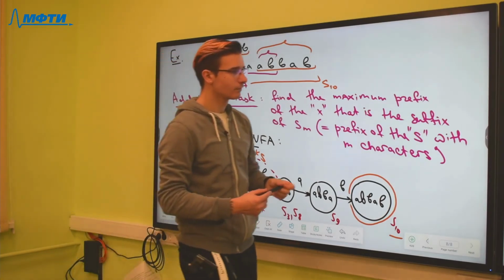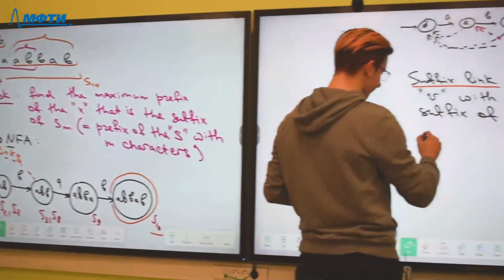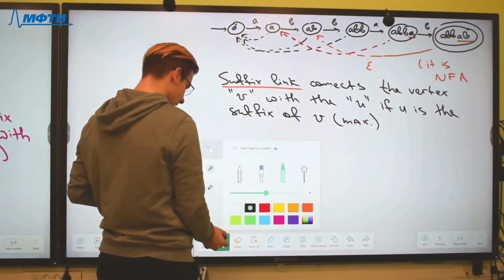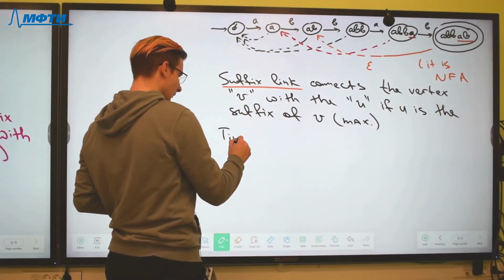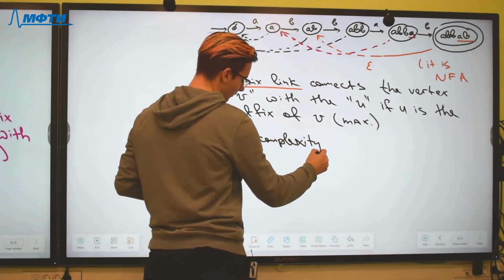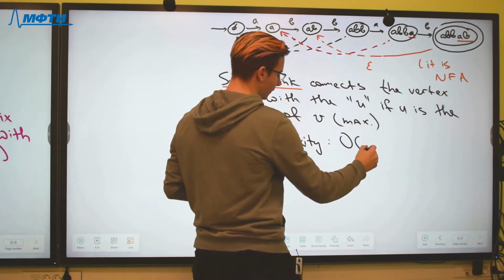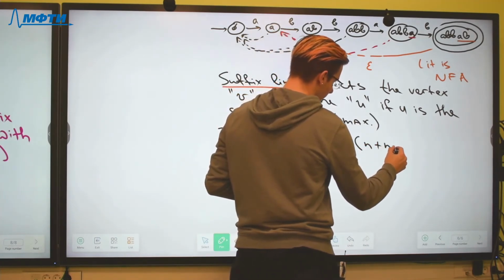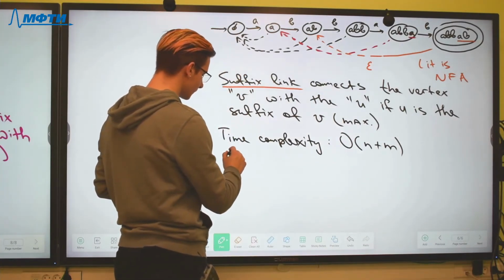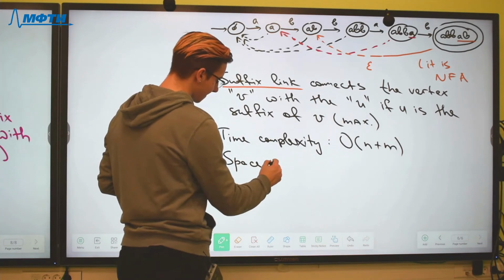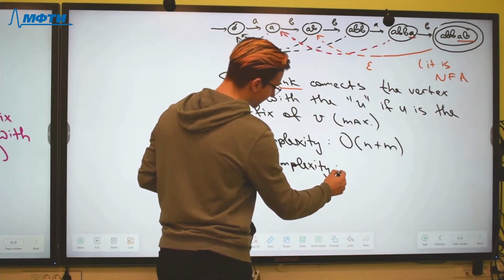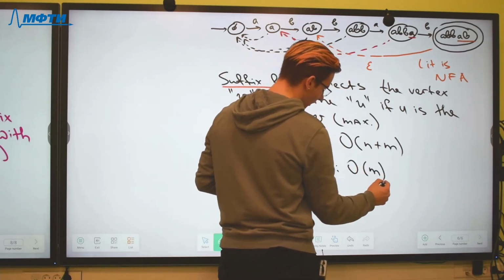So the time complexity of it is O of n plus m, and the space complexity is O of m.